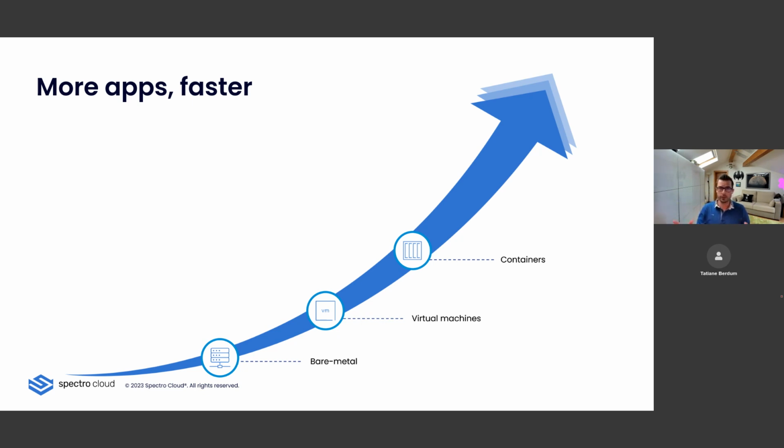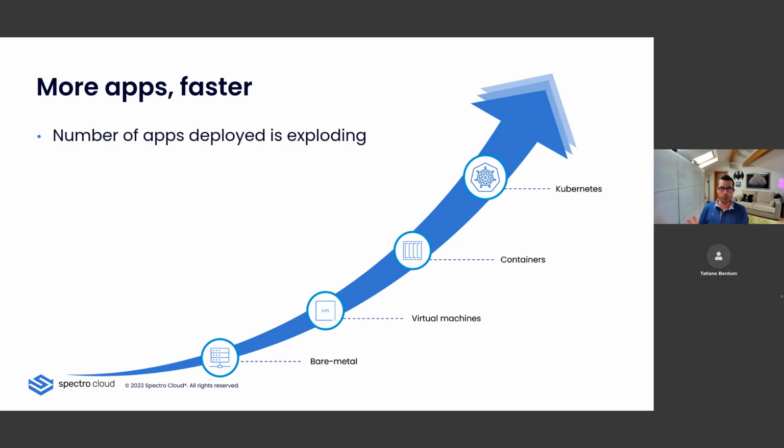So to manage containers at scale, we had multiple options initially: Mesos, Swarm, and Kubernetes. Kubernetes is today the de facto, industry standard to manage containers at scale. So applications are changing. The frequency of the deployment is increasing while the average size of the changes in the deployment is decreasing.